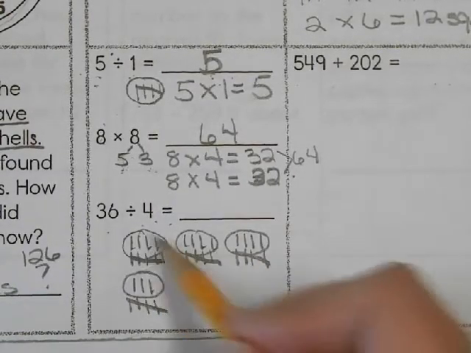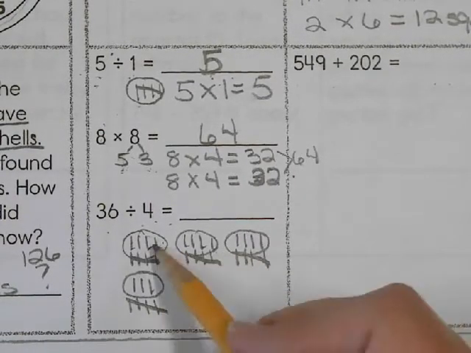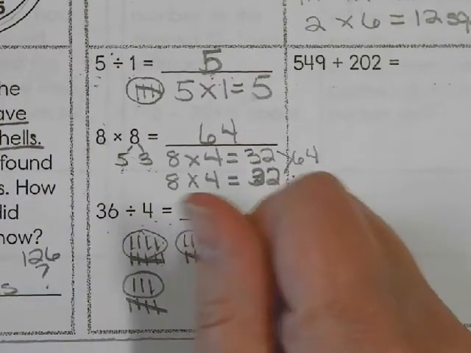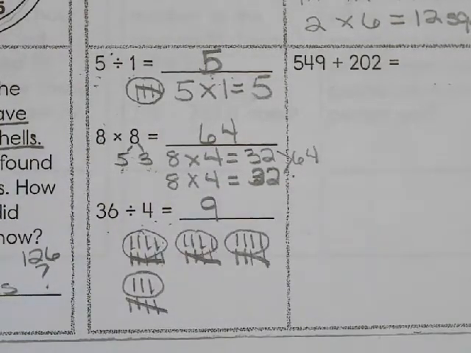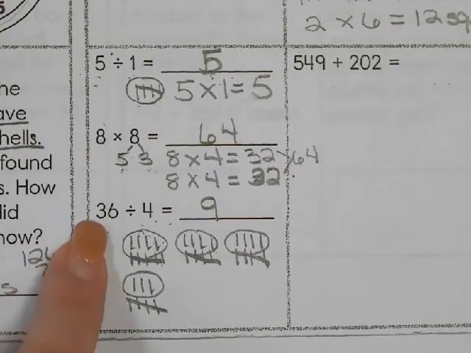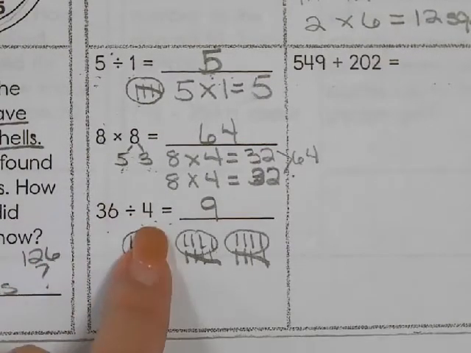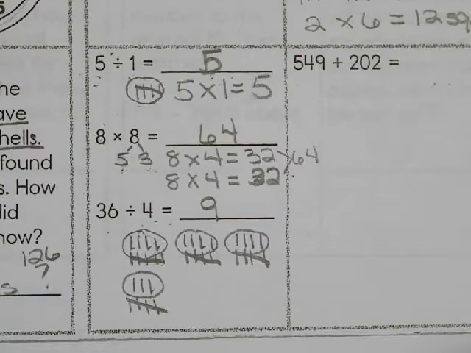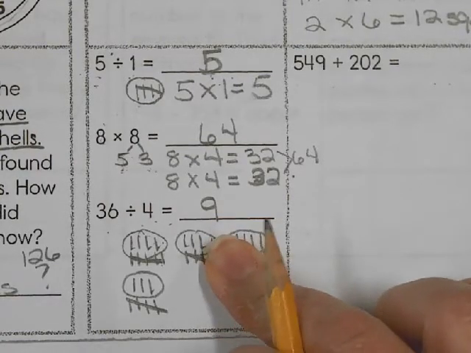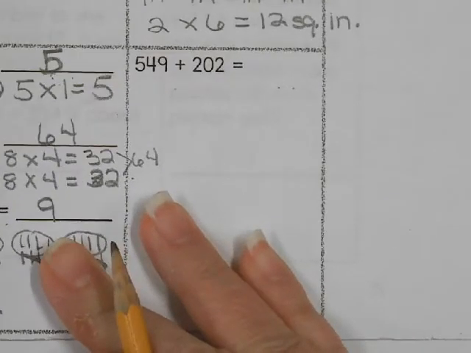So each group is going to contain 9. So 5 and 4 makes the 9 in each group. So our dividend is 36, our divisor is 4, and our 9 is how many is in each group, which is our quotient. Now we're going to find the sum.